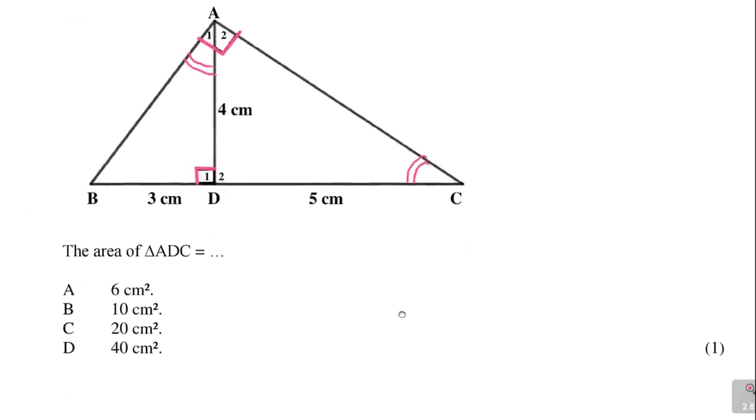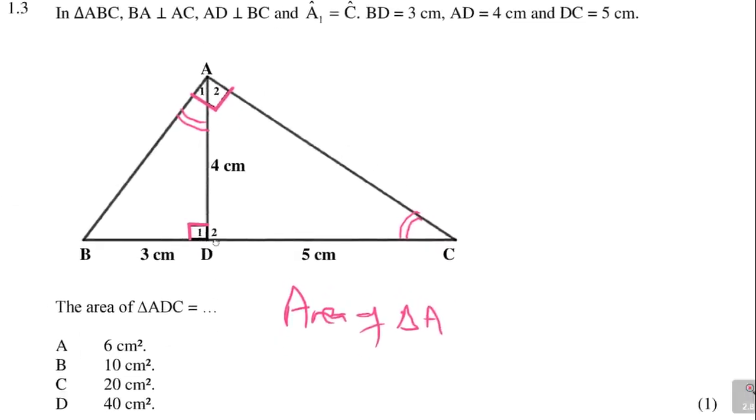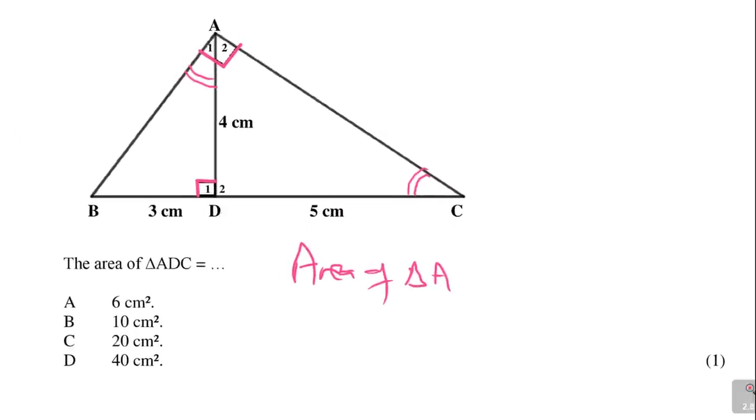Now the area of triangle ADC. You know the formula for the area of a triangle. We say it's half times base times height.